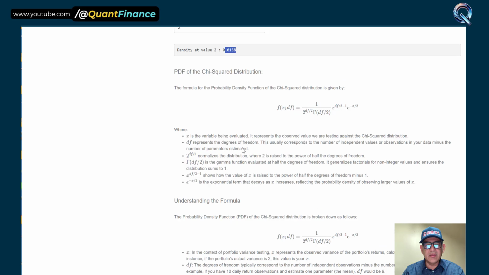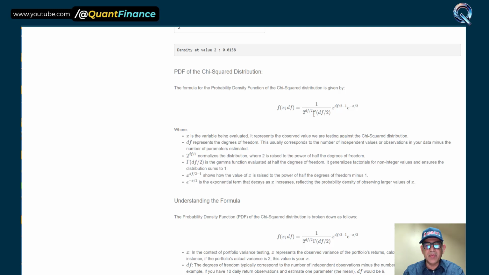But in the formula, this is a normalizer of the distribution. Here we have 2, which is raised to the power half of the degrees of freedom. This is a normalizer function, that is what we call it.